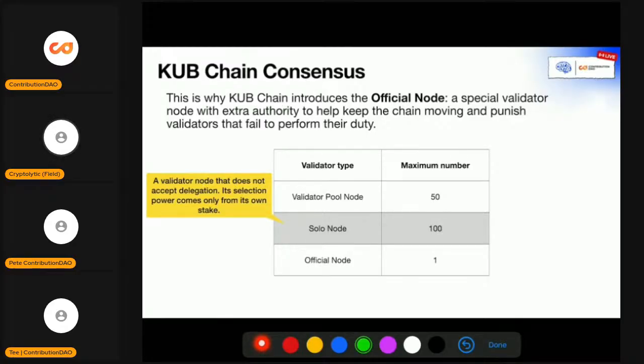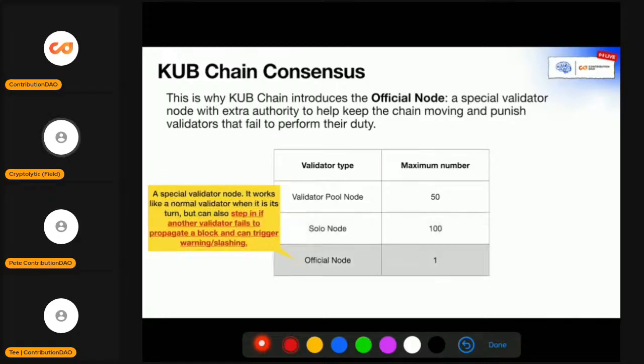The solo node is the same as the validator node, except that it does not accept delegation. So users cannot delegate to the solo node, and its power comes only from its own staked KUB. The last one, which we have discussed already, is the official node. It is the same as the validator node, but it has the authority to punish other validators if they misbehave or are a bad node.